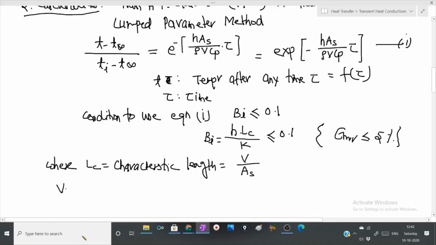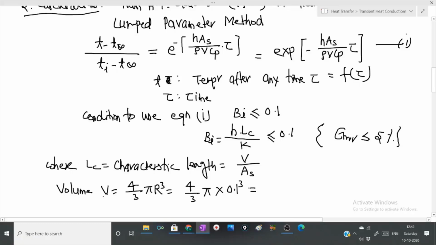Now what will be the volume of the sphere? It is nothing but 4 by 3 pi r cube. 4 by 3 pi, and the value of r is 0.1 cube.